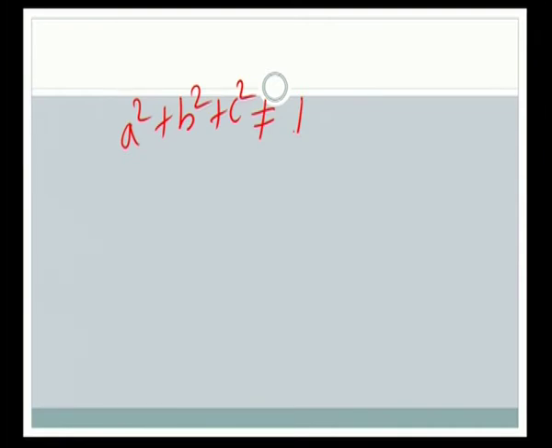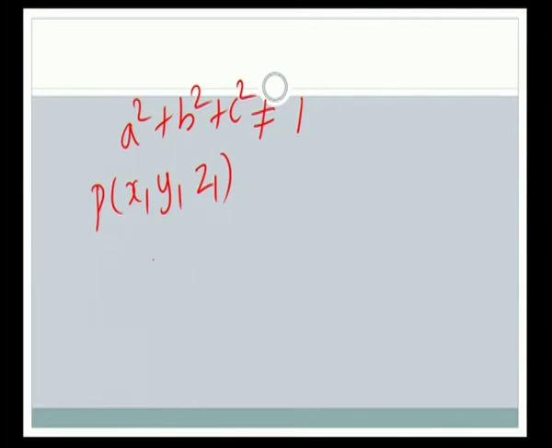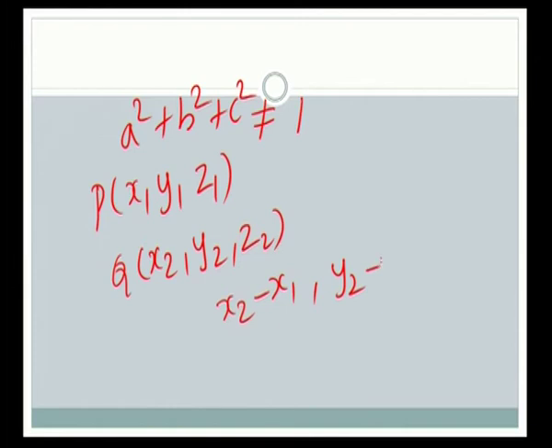Therefore, from the definition of direction ratios, where the point P is x1, y1, z1 and the point Q is x2, y2, z2, the direction ratios of the line are x2 minus x1, y2 minus y1, z2 minus z1. So, this is how the direction ratios can be obtained.